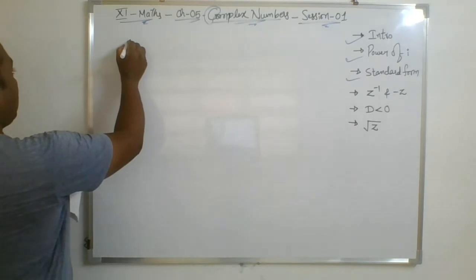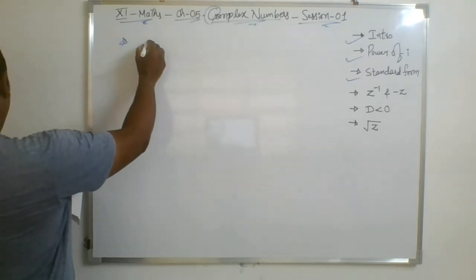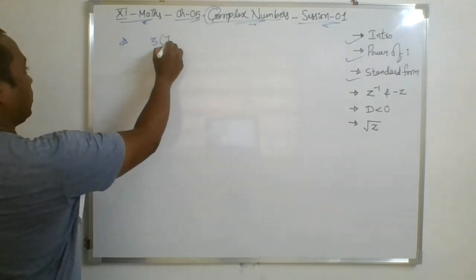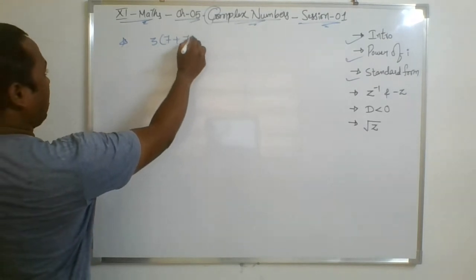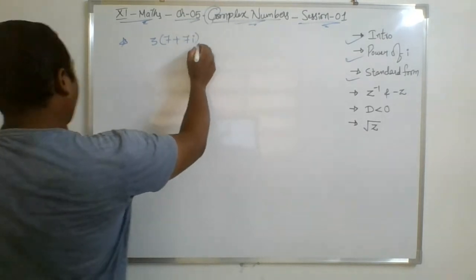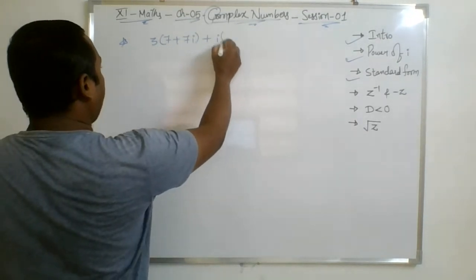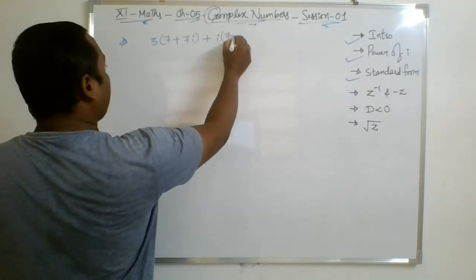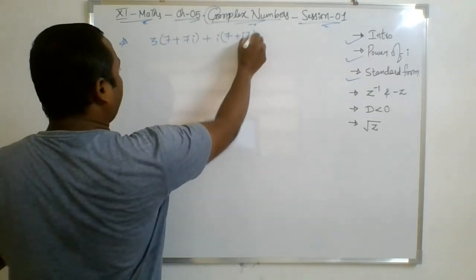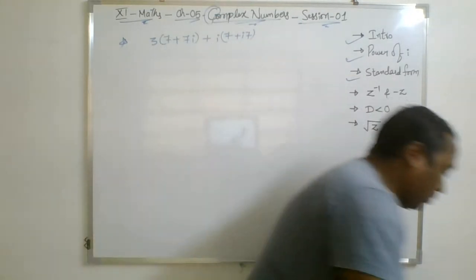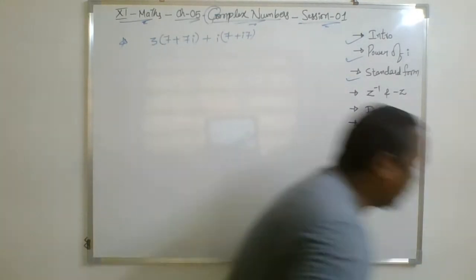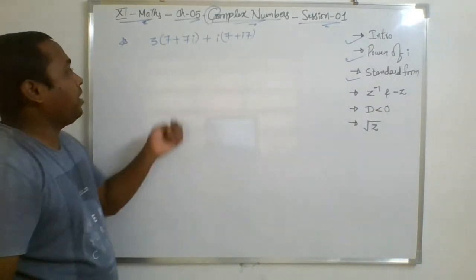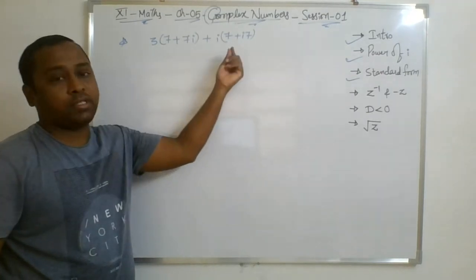Question is 3 into (7 plus 7i) plus i into (7 plus 7i). Now what is this? It's simply a multiplication process.